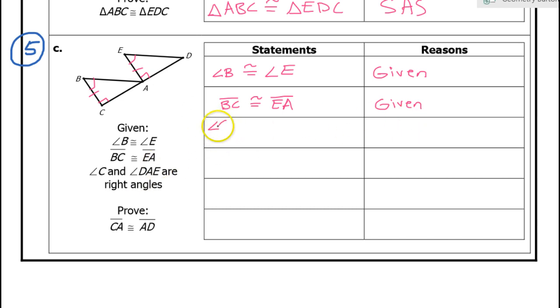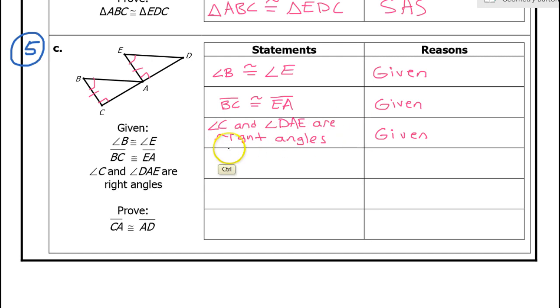So angle C and angle DAE are right angles, given again. It's not enough to say that they are right angles. We need to say that they are congruent.